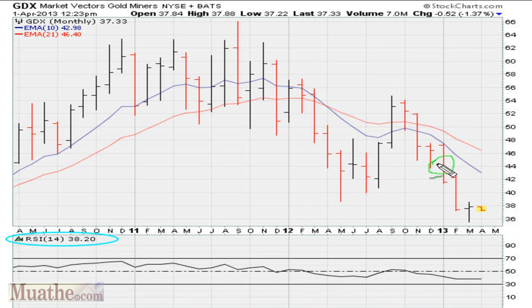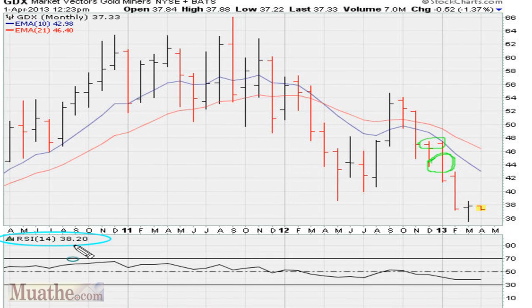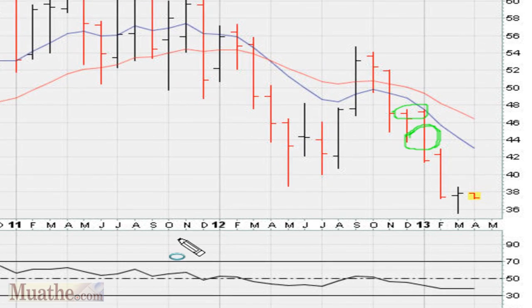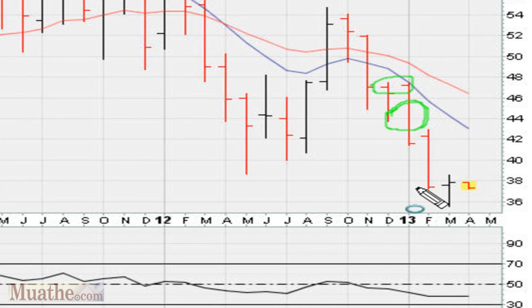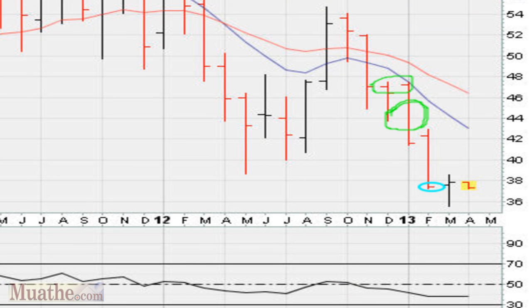So we've been short ever since this move here, and I think probably even here. Knowing that we were at 38.20, and about to break below that support level here, that was another reason to stay short this instrument.